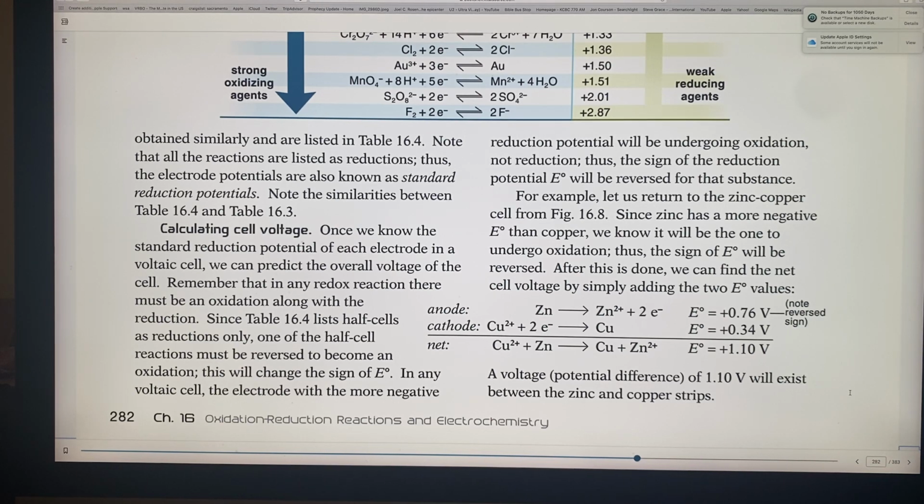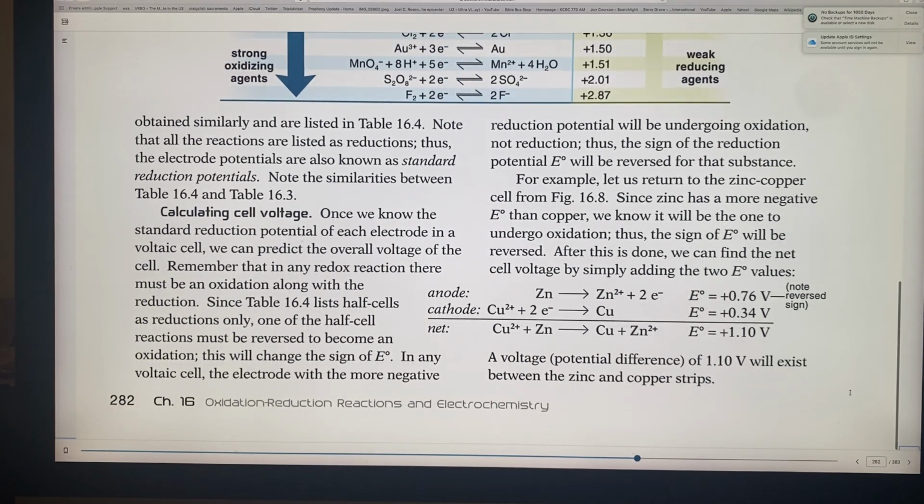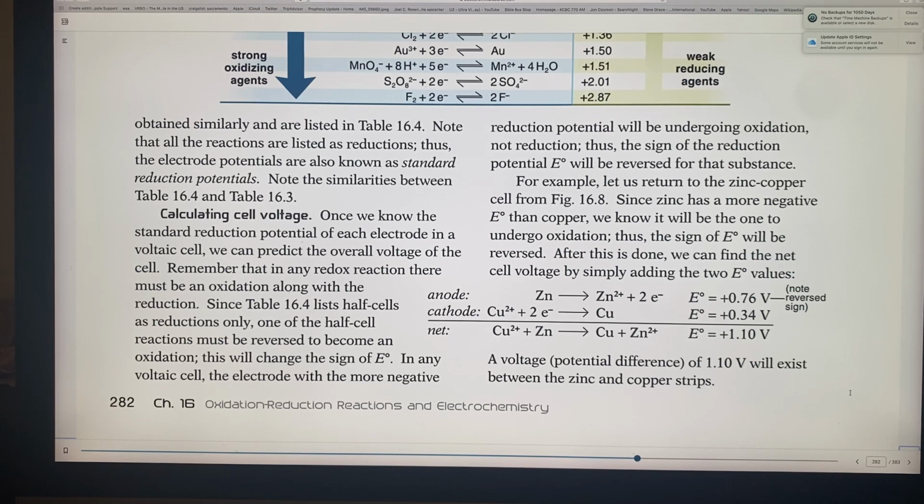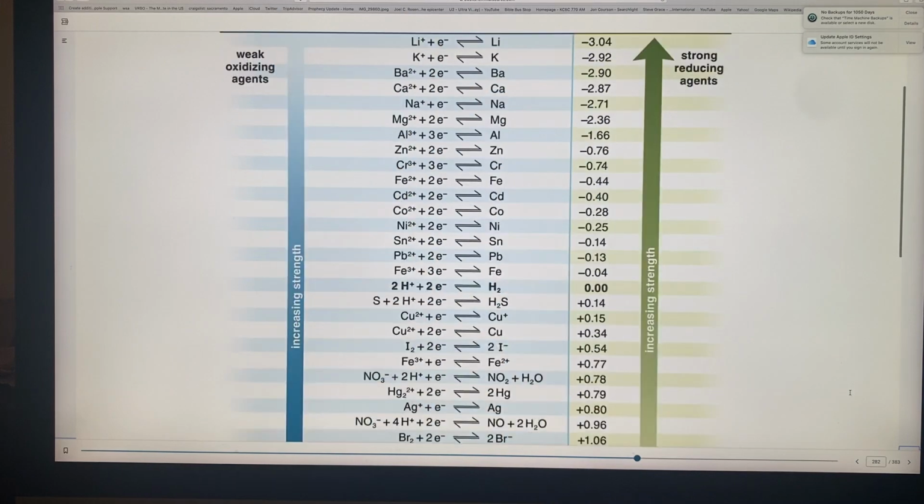And so here is calculating the cell voltage. Once we know the standard reduction potential of each electrode in our voltaic cell, we can predict, now, why do we need to know this?